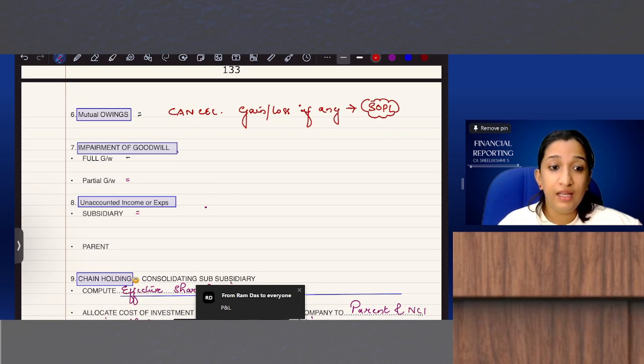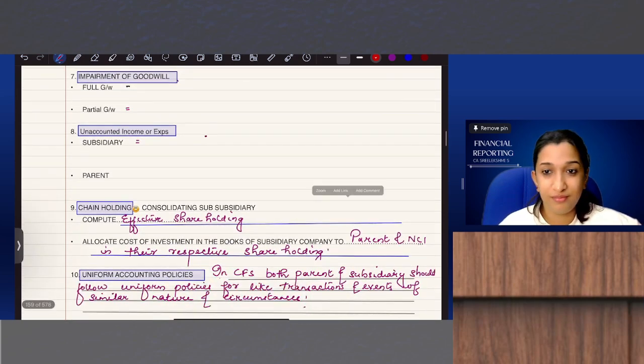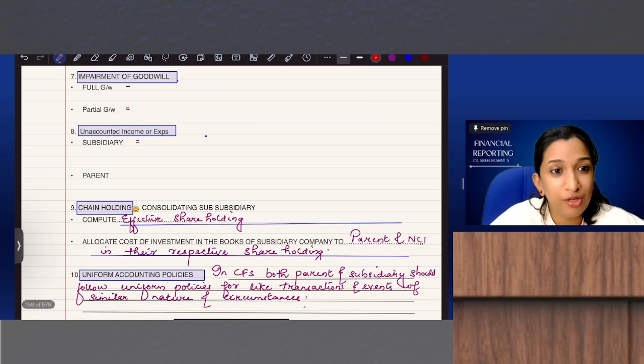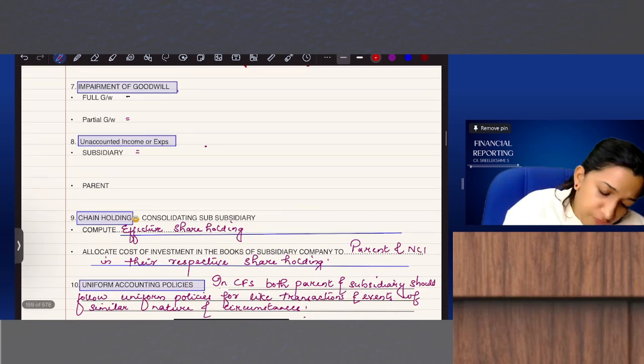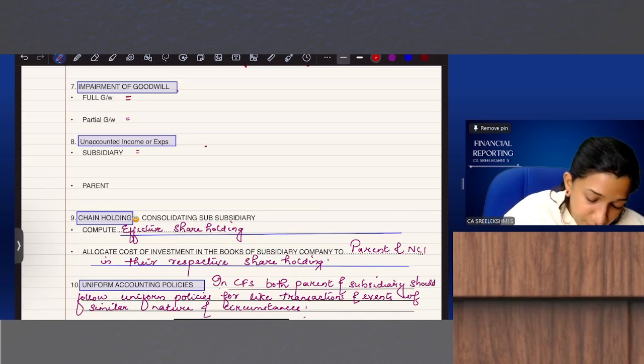Now, very common: impairment of goodwill. What if there is impairment of goodwill? Full goodwill impaired: goodwill is deducted first.